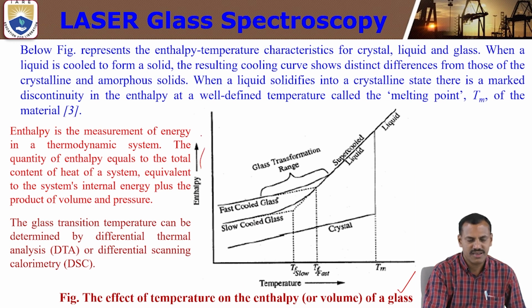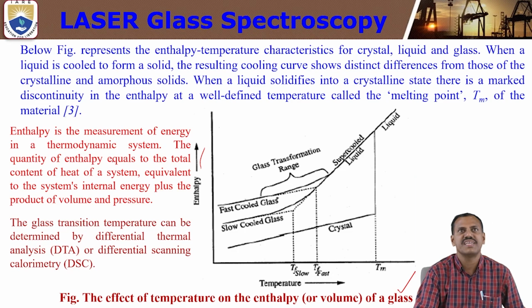What is meant by enthalpy? Enthalpy is the measurement of energy in a thermodynamic system. The quantity of enthalpy equals the total heat content of the system, equivalent to the system's internal energy plus the product of volume and pressure.